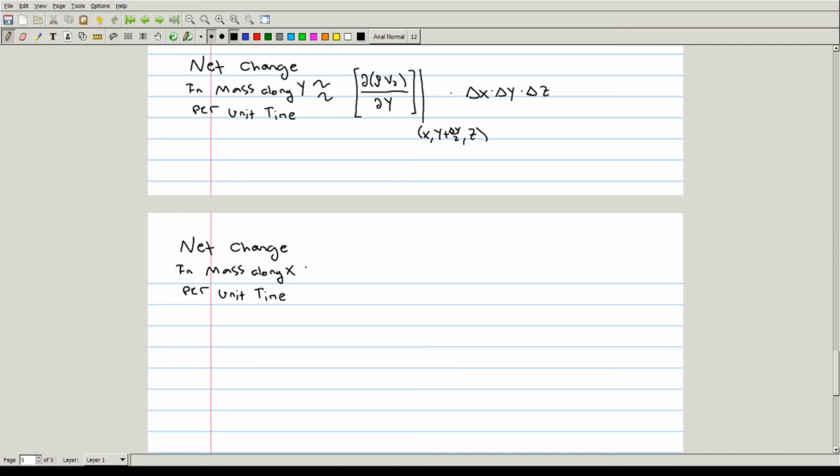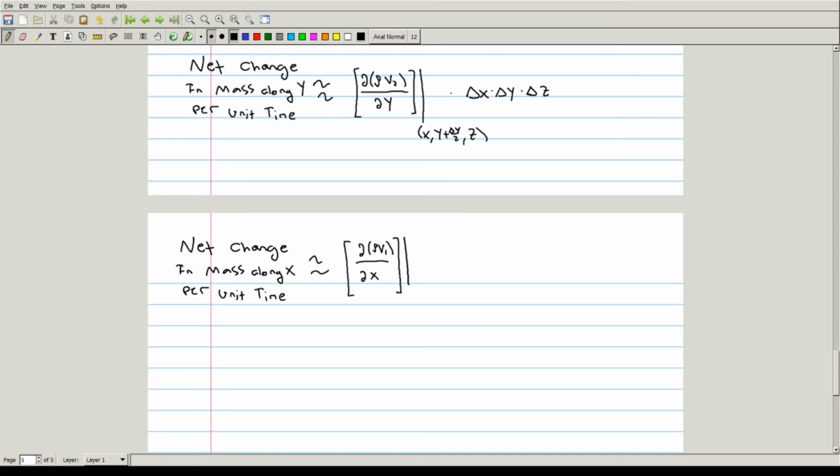The net change in mass along x per unit time is going to be the x partial derivative of rho times v1, where v1 is the x velocity component.